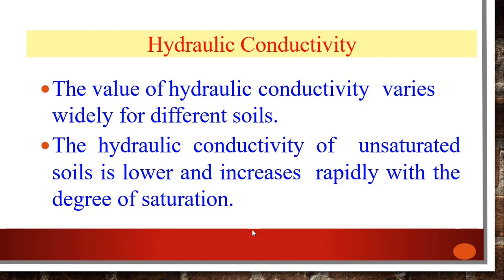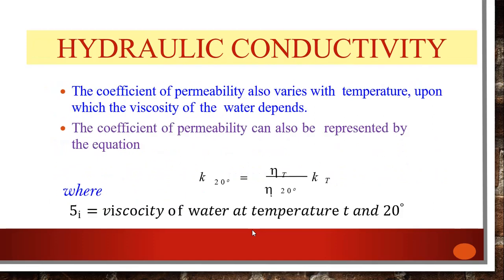The hydraulic conductivity of an unsaturated soil is lower and increases rapidly with the degree of saturation. The coefficient of permeability also varies with the temperature, upon which the viscosity of water depends. As I already told you, if the temperature increases, the viscosity of water decreases and ultimately the coefficient of permeability will increase.